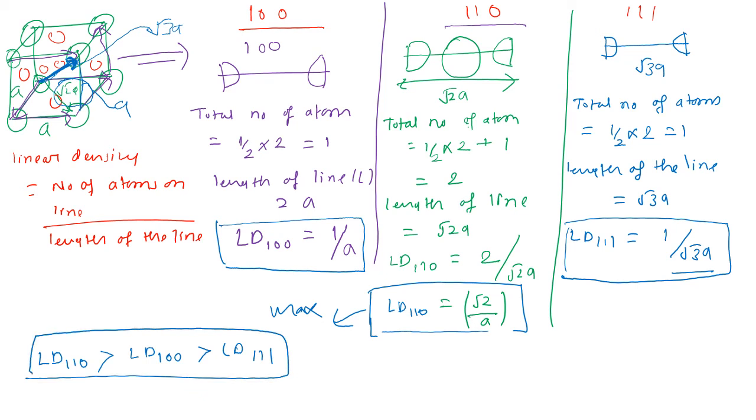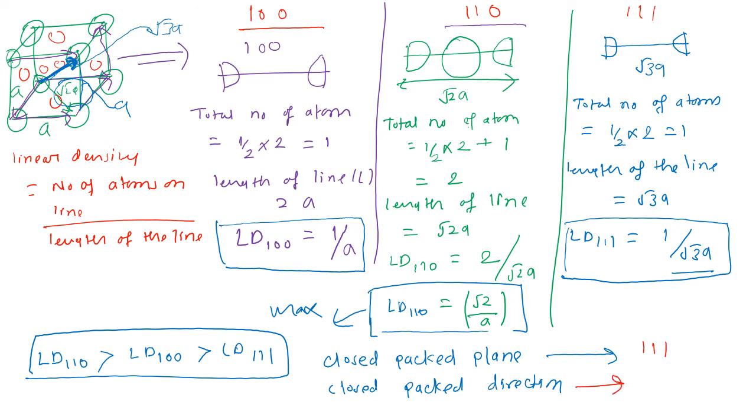So the closest packed plane in case of FCC is our 111 plane, and the closest packed direction is the 110 direction. In case of BCC, the closest packed plane was 110 and the closest packed direction was 111, which is just opposite to the case of FCC.